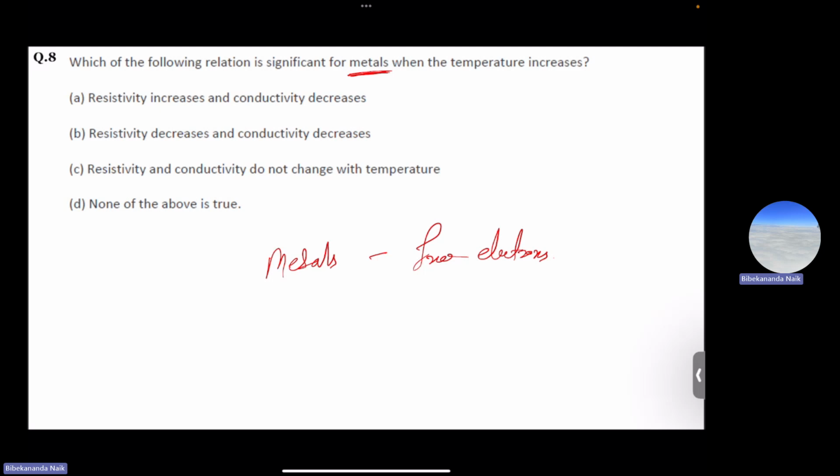But if in that room we fit 100 people and then we tell them to go outside, when they try to move, they will collide with each other and their motion will be affected. So that will lead to the resistivity. So with increase in temperature, the resistivity increases and the conductivity, that is sigma, decreases. So the correct option is option A.